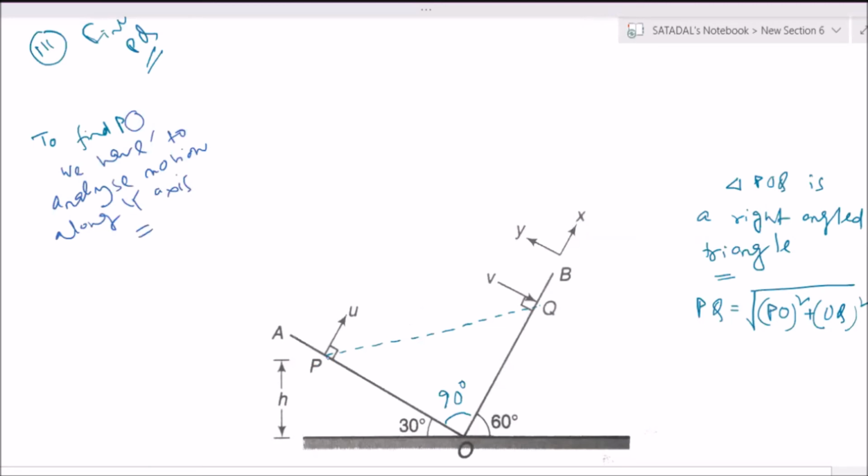This is along y-axis, na? This PO is along y-axis, right? So along y-axis, what can I write?